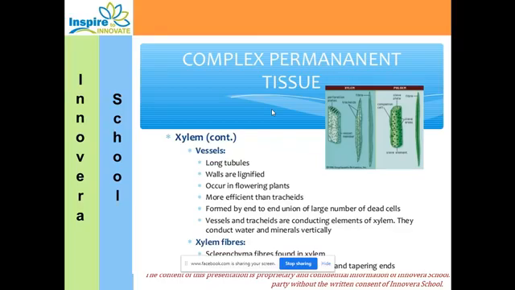The only difference is that vessels are a little bit more long or elongated than the tracheids. But the function of both of them is to conduct water and minerals vertically. Now this is about the first two types of xylem.